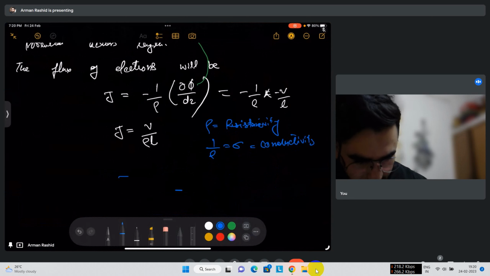So from this we can determine that J is given by conductivity times V by L.